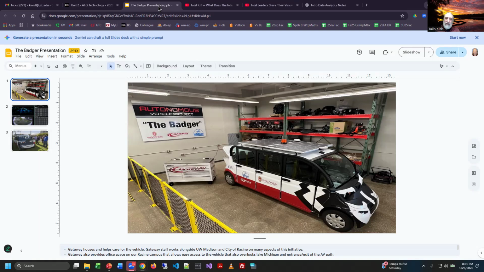One of the visions of the mayor's administration and people in Racine was to get a bunch of these out there. So instead of having a big giant bus that nobody rides, they'd have a bunch of little ones that go on smaller pathways. This is an actual vehicle, and it is housed at the downtown Racine campus on the first floor in the technical building.